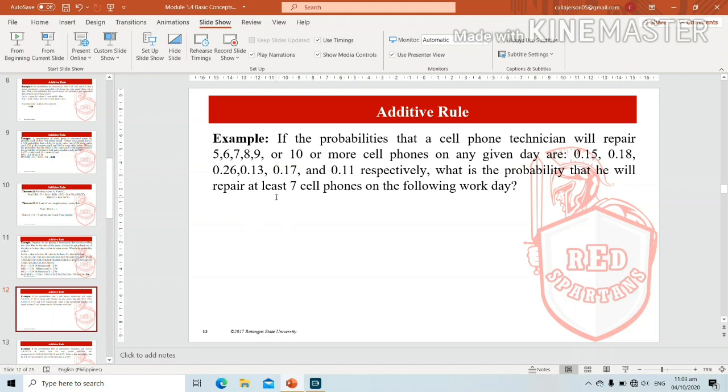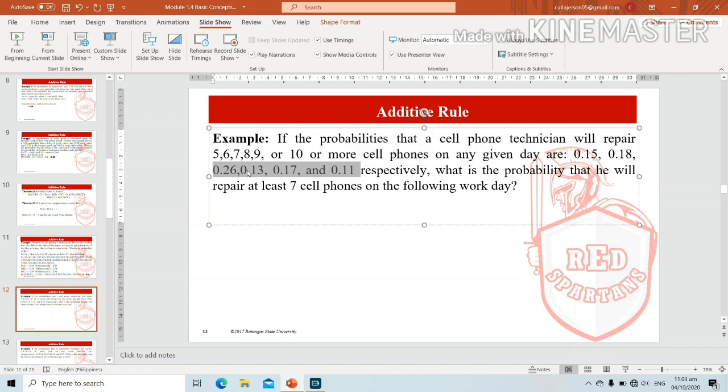So, pag sinabi natin at least 7, 7 yung pinaka mababa. So, check nyo lang dito. 5, 6, 7. So, pang tatlo. Ibig sabihin yung sum lang nito: 0.26 plus 0.13 plus 0.17 plus 0.11.